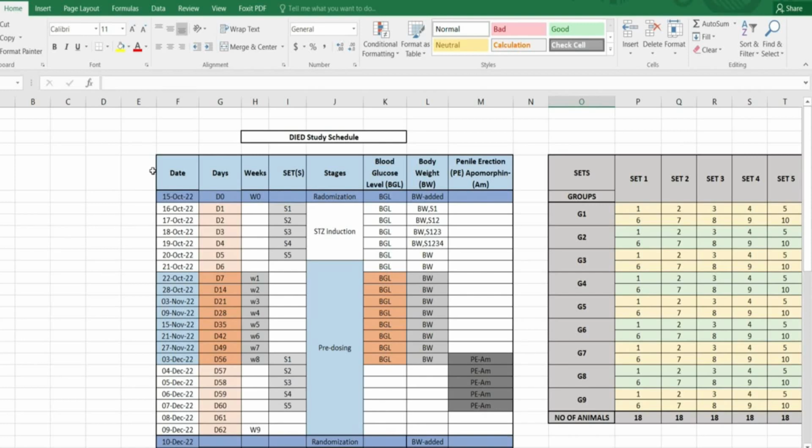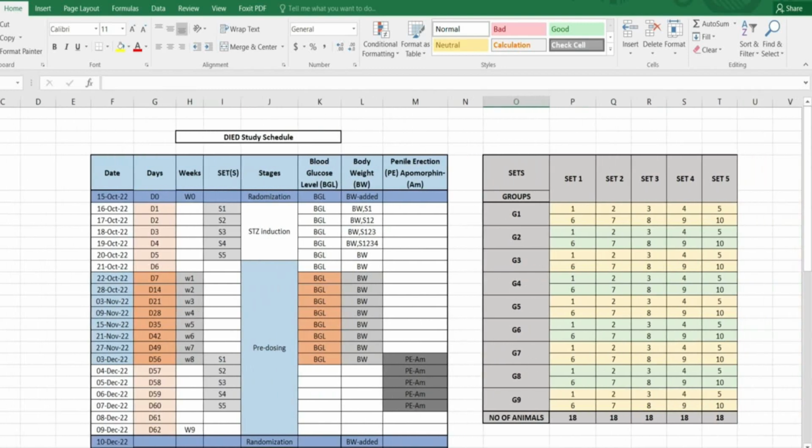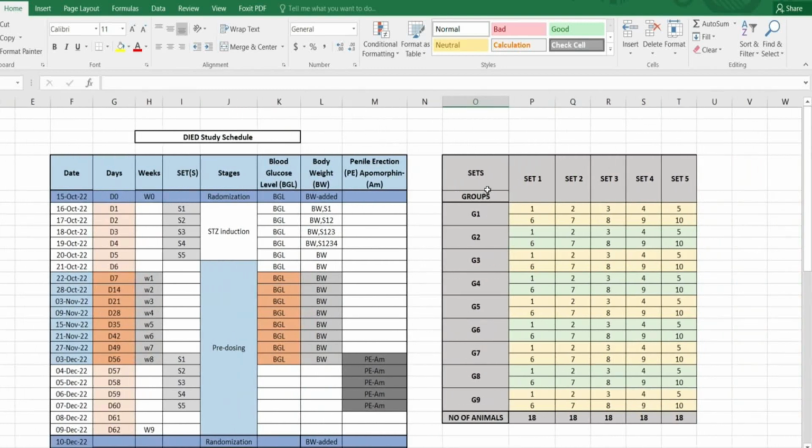And according to that, we have divided our activities set wise, and each day we have to follow one set. Accordingly, every second day we have to do the second set. Like that, all five sets we have to do. So this is how we can design our study schedule.